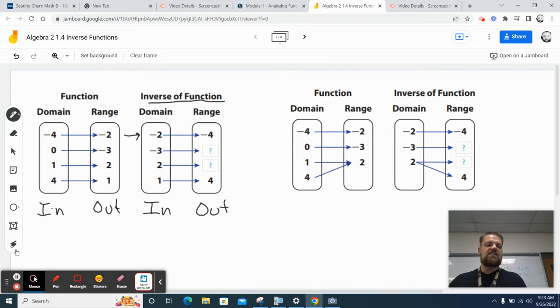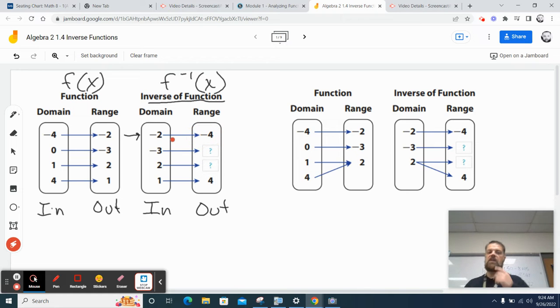So an easy way to say that is if I plug in -4 and I get -2 for my function of x, if I take that same value, which is the output, and I plug it into the inverse function, I will get the original input value. It just undoes what's being done.